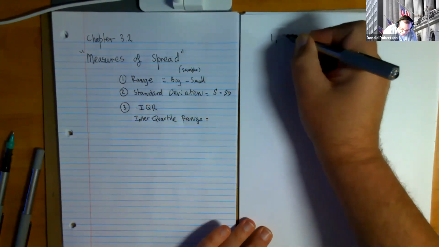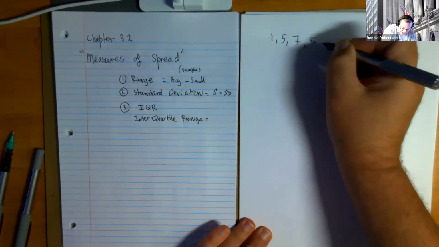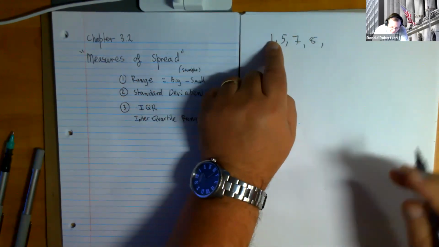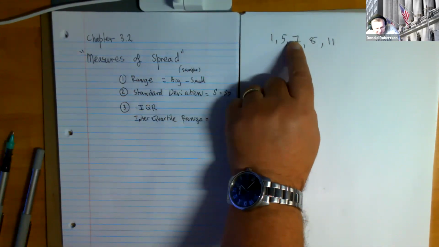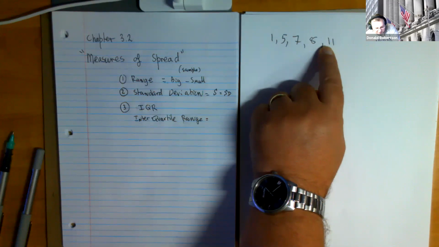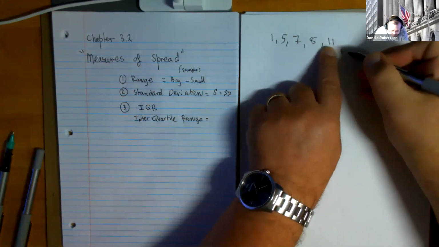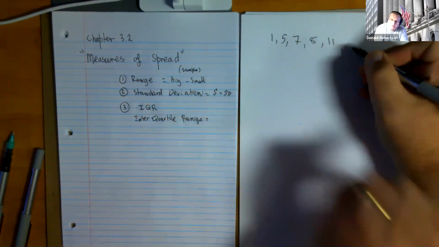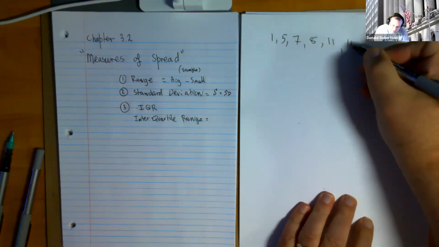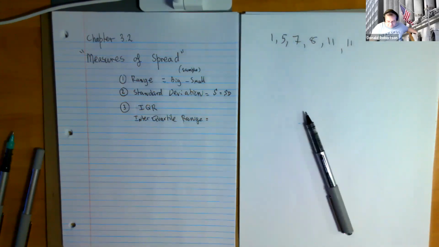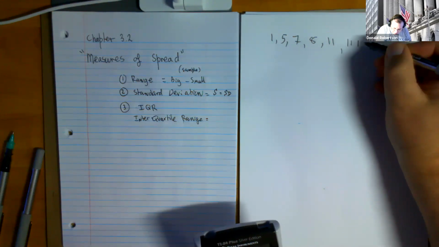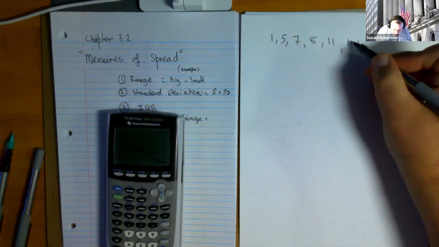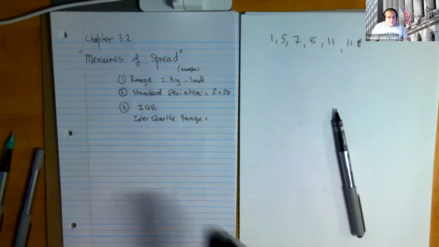So 1, 5, 7, 8, 11, 16. I'm trying to make these numbers nice.